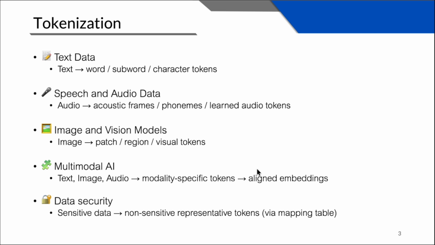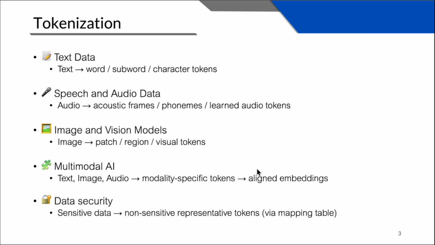Also, we have tokenization for image and vision models, in which we split the image into patches or regions, and then we handle them as tokens. We have also multimodal AI, which handles different modalities such as text, image, and audio. Then we tokenize them separately, but at the end we need to align them in a shared embedding space.